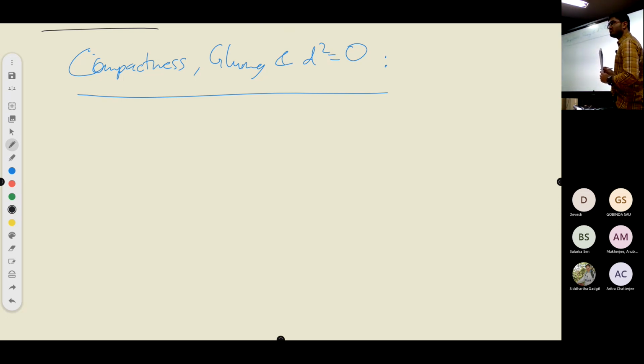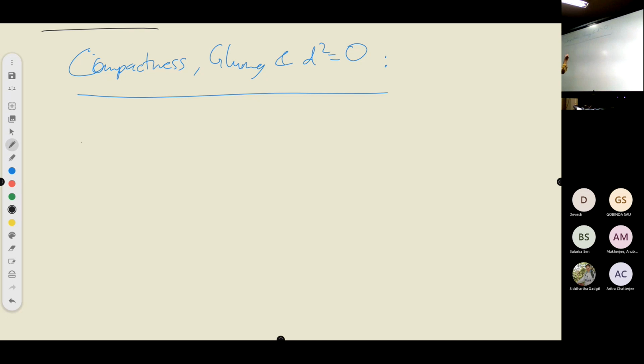But then your d will correctly count? I'll talk about the compactness. In this case, what we'll say is that d squared actually counts the boundary of some moduli space. And to get that the boundary is in fact a manifold of the right dimension is where all of the transversality comes in.